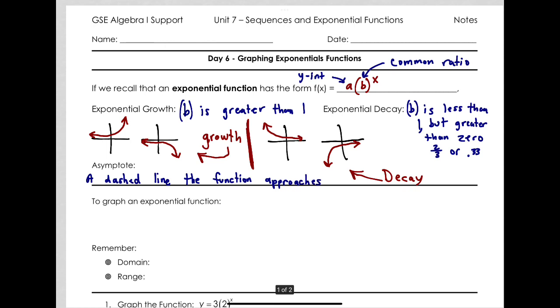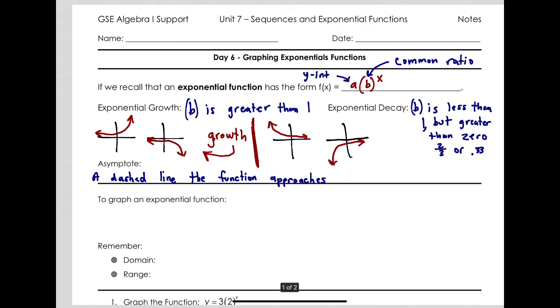I'm going to erase this because I want to write one more thing. One other thing to note here, we talked about a b to the x. I'm going to add just a little bit more to that. So a, b to the x, and then there's these two parts, which we'll talk about later when we talk about characteristics and transformations: minus h, plus k.